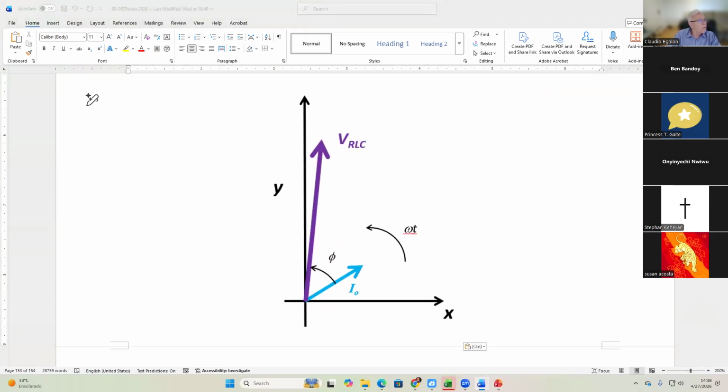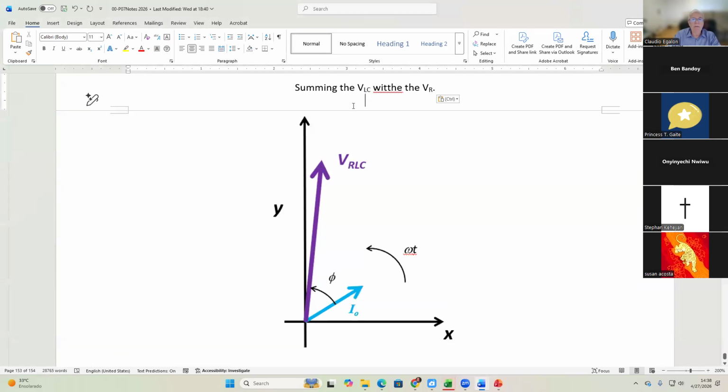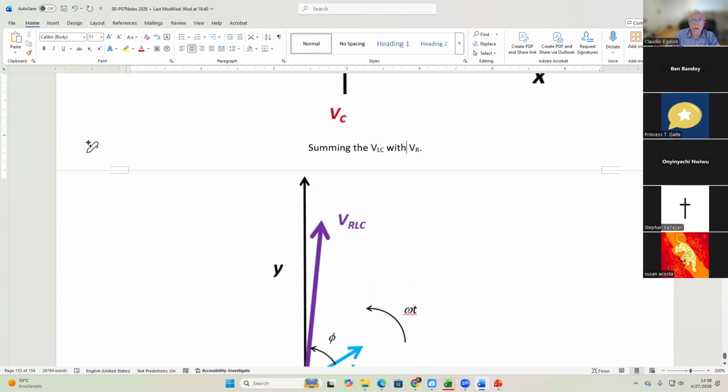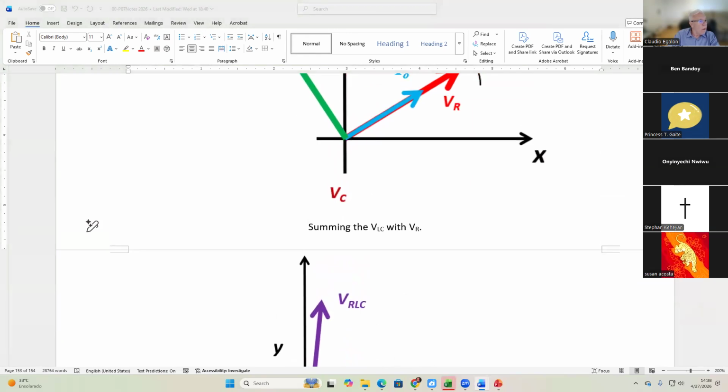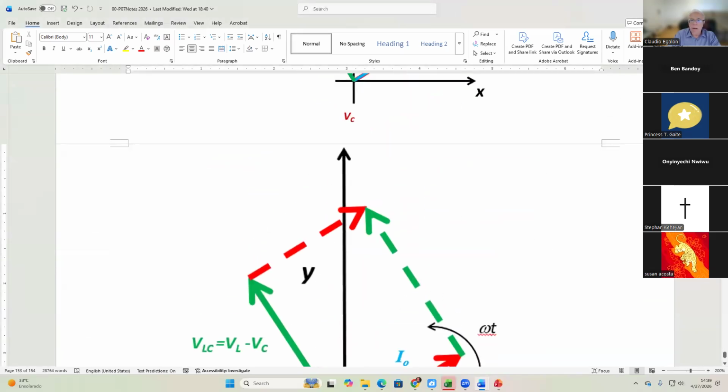Summing VLC with VR. This VR. Okay, the net voltage. I'm gonna put it here.